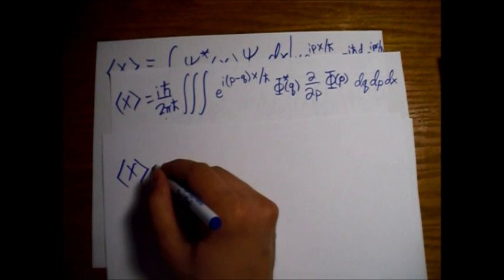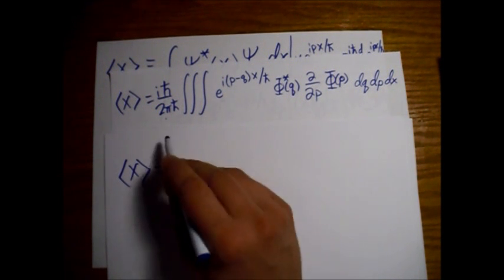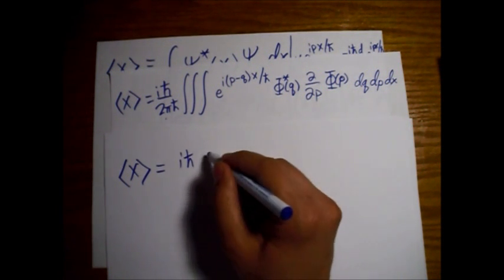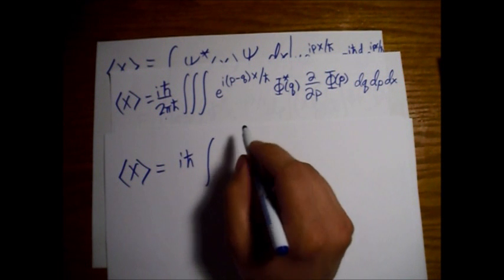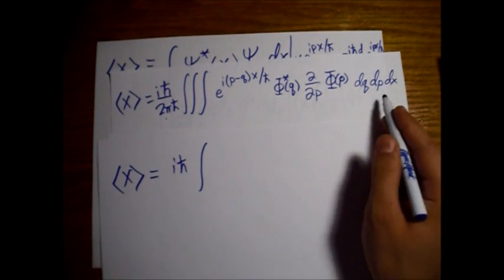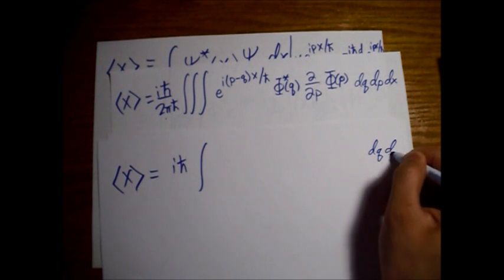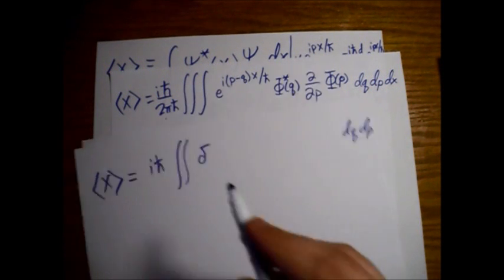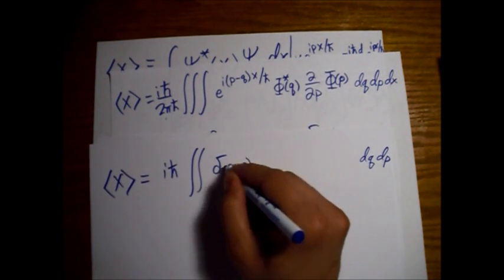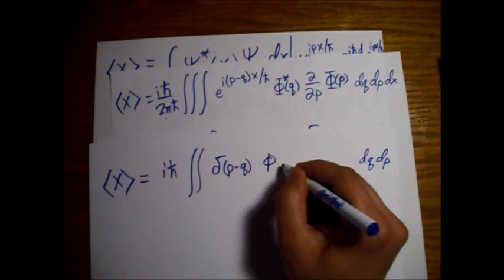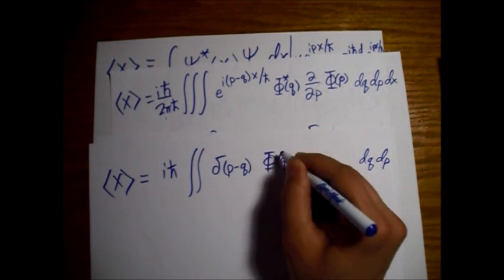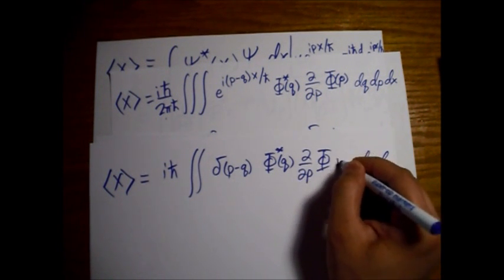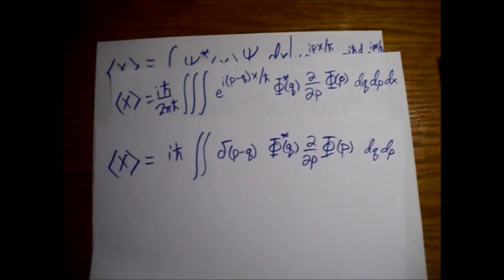So what we're going to have is an iħ, and then our q and p, but now we have this p minus q delta function, and then our q and p wave functions.